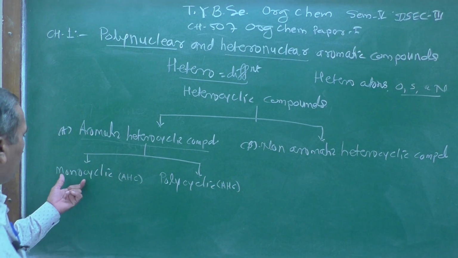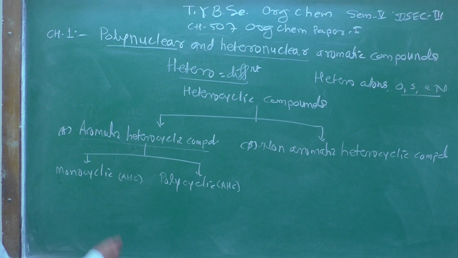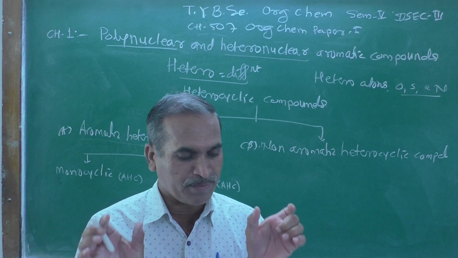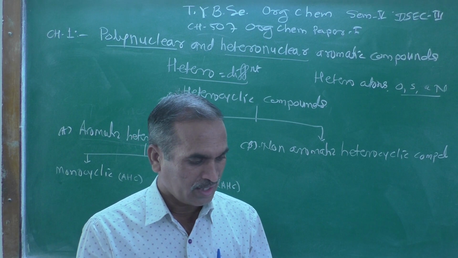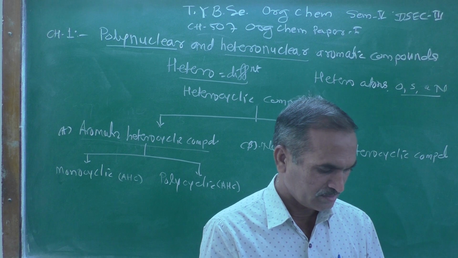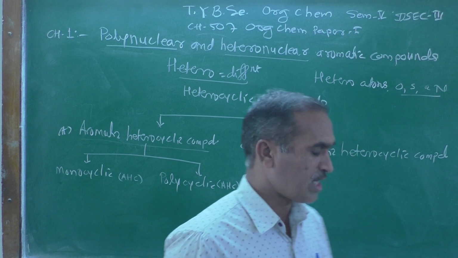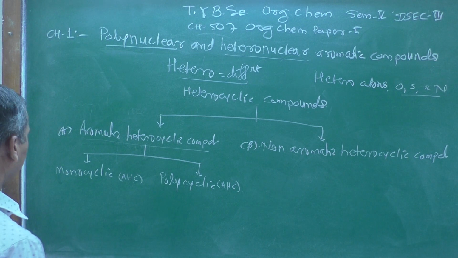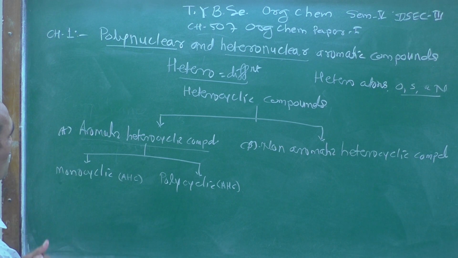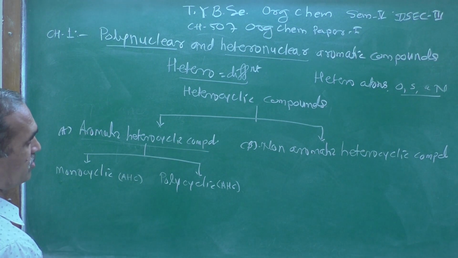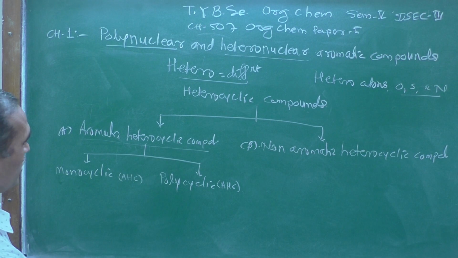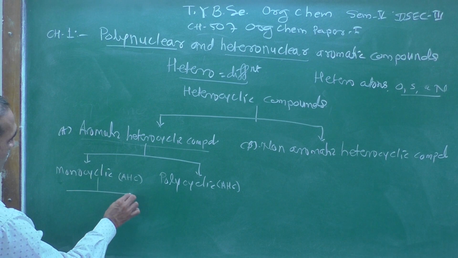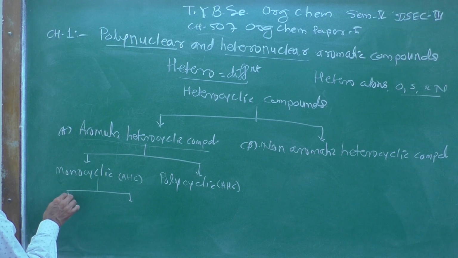Generally the name itself indicates that monocyclic means a single ring is present, made up of the ring, but it includes one heteroatom such as oxygen, sulfur or nitrogen. That monocyclic compound is further divided into two types.